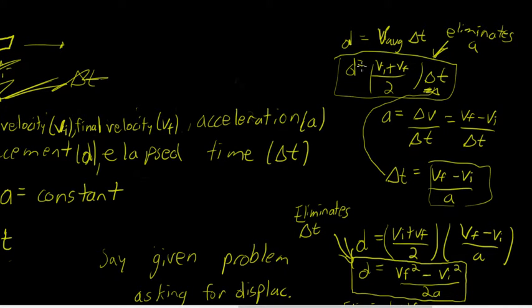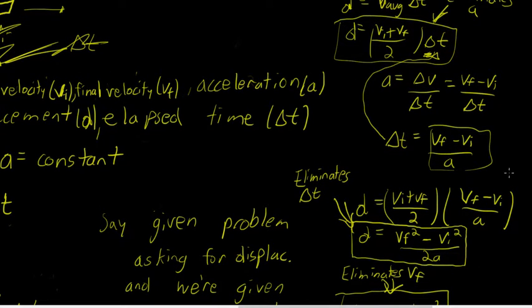What if we want to eliminate displacement? That's one we haven't talked about. Well, our acceleration formula, final velocity minus initial velocity over elapsed time, doesn't seem to have displacement in it.